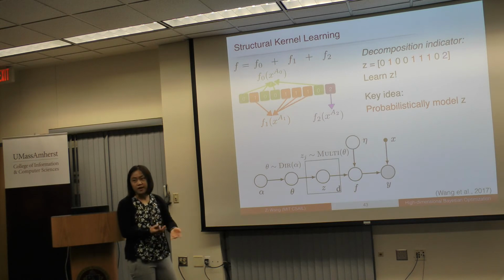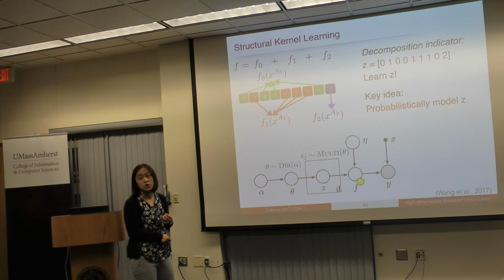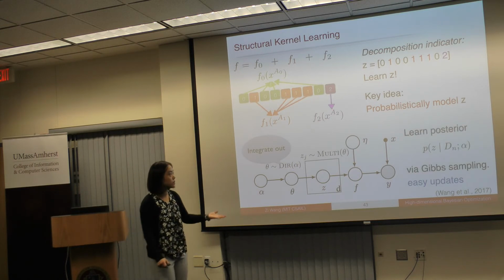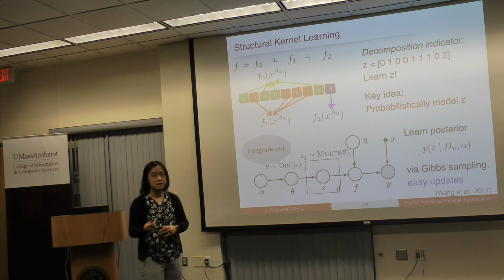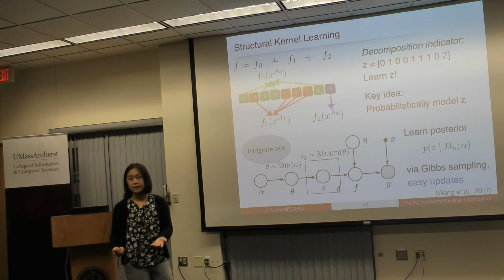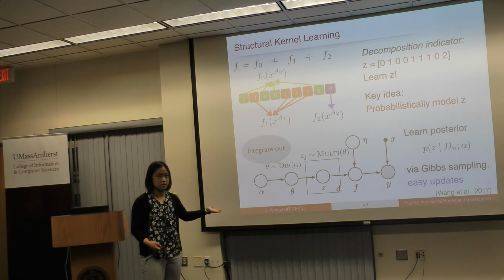That defines our decomposition structure. Then, given some parameters that govern the Gaussian process, we can generate a function f. Given that function f and input x, we get an observation y. Once we define this process, the question is how we can learn the posterior of z given all our observations. We can do this very easily by Gibbs sampling, and it has very easy updates once we integrate out the theta variable.